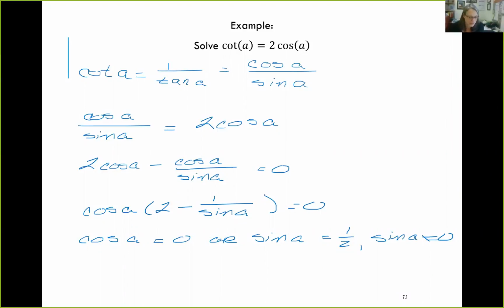Okay, so cosine equals 0 when A equals pi over 2 and 3 pi over 2. Sine equals 1/2 at, no, sine equals 1/2 at pi over 6. Sorry.